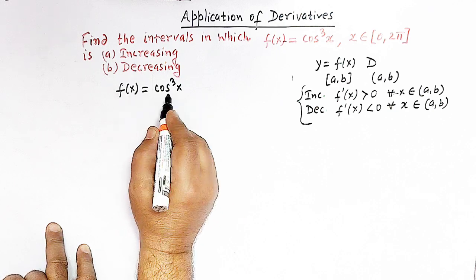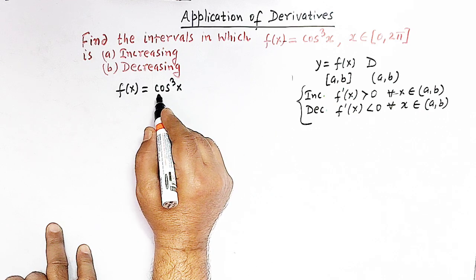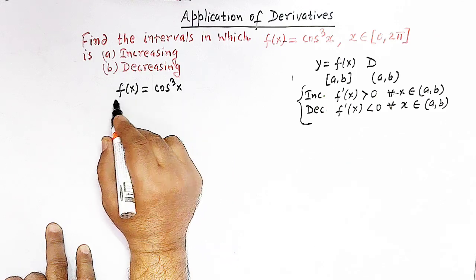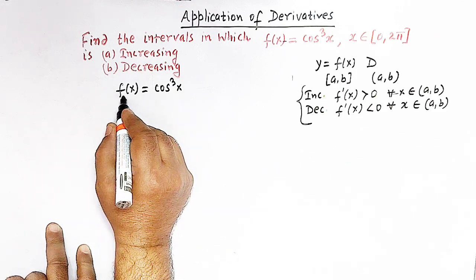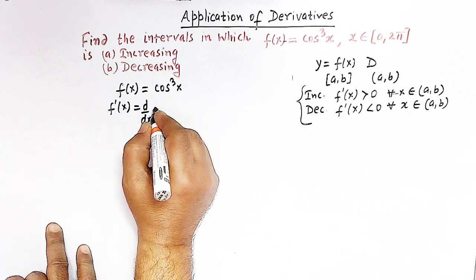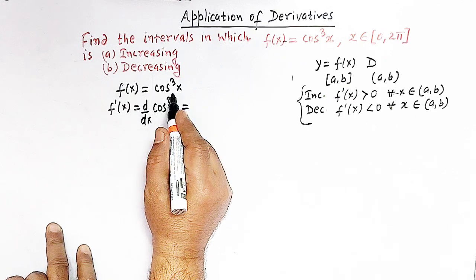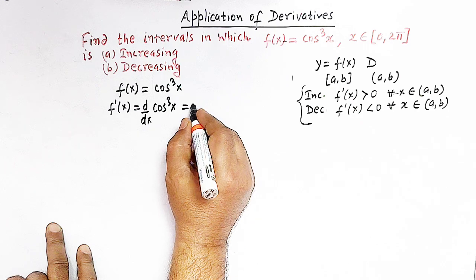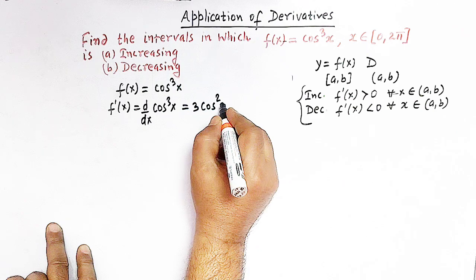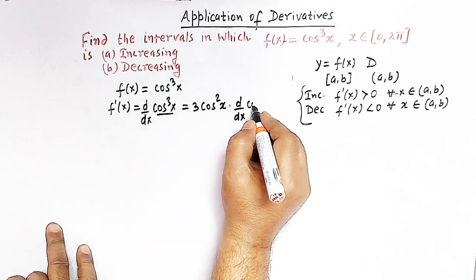From this function cosine cube x, it is evident that the domain of this function is the set of all real numbers, right? So now let us find out the derivative of f of x. So f prime of x is given by d by dx of cos cube x. Now here by using the power rule for differentiation, the derivative of cos cube x is 3 times cos square x, and then by chain rule we have to differentiate cosine x.